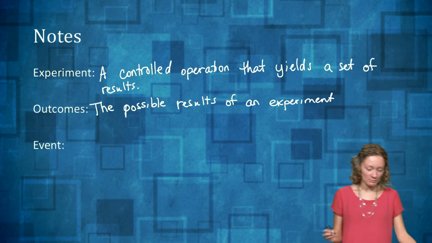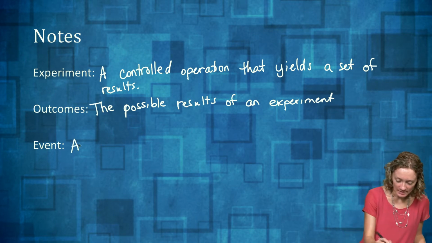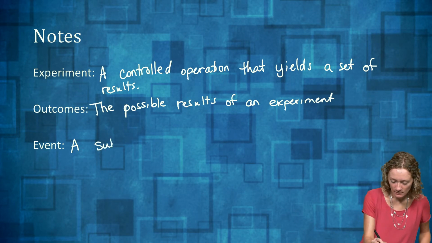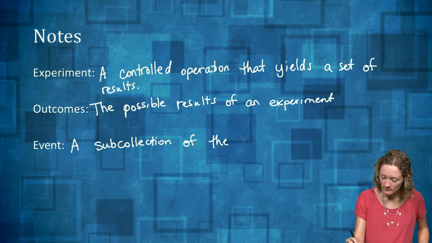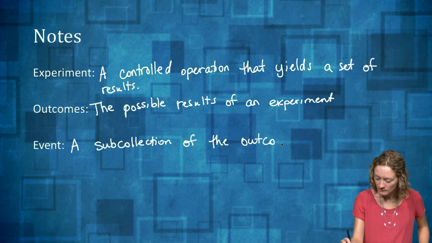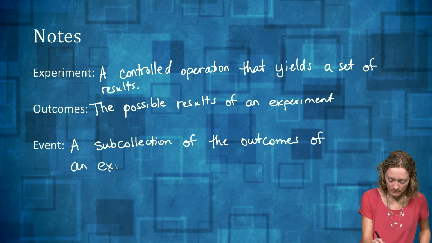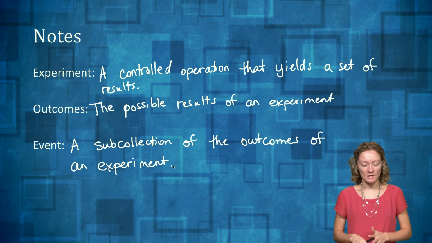And then our last definition before we really get into the probability stuff is an event. This is a subcollection of the outcomes of an experiment.